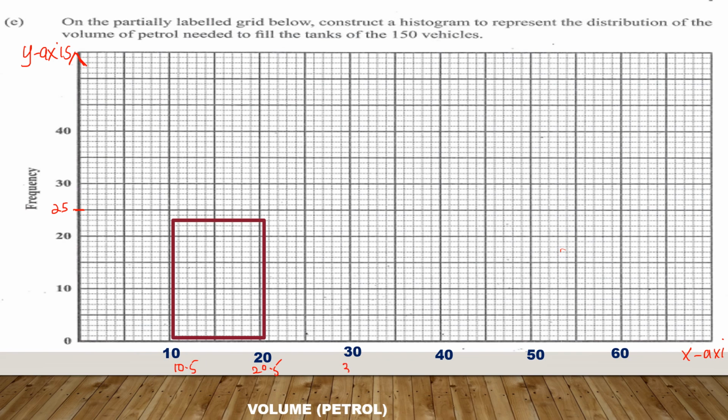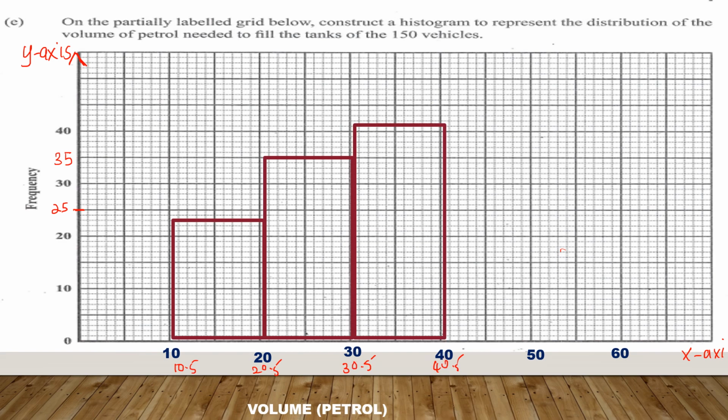This is going to be 30.5. So 20.5 to 30.5, as you can see there, is 35. The line is straight across. 30.5 to 40.5 would be 42.